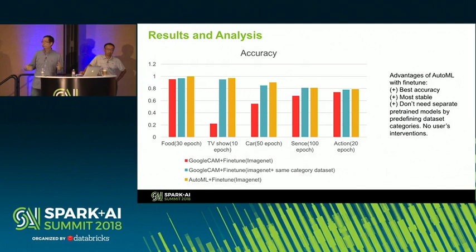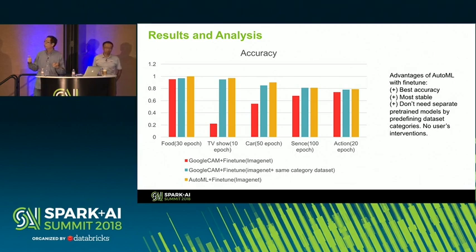And here is some result, and we found that using AutoML plus fine-tuning, or what we call transfer learning, always gives the best performance, for the user-defined small data set or the public data set.